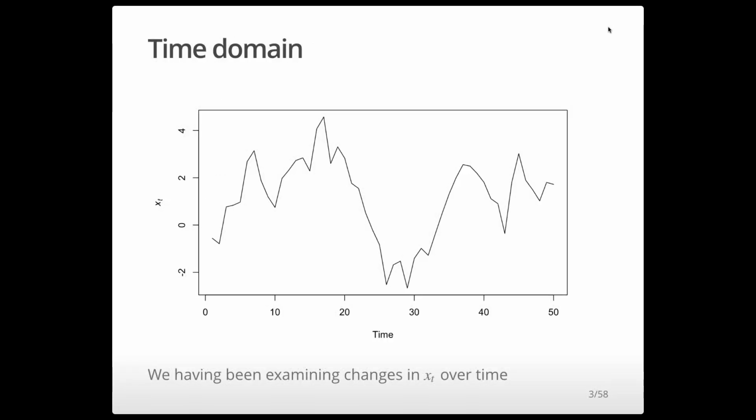Okay, so far, like I said, we've really been focusing on time series analysis in the time domain. That means essentially we think about data like this, where we have the y, here is some amplitude or displacement, and the x-axis here is time.